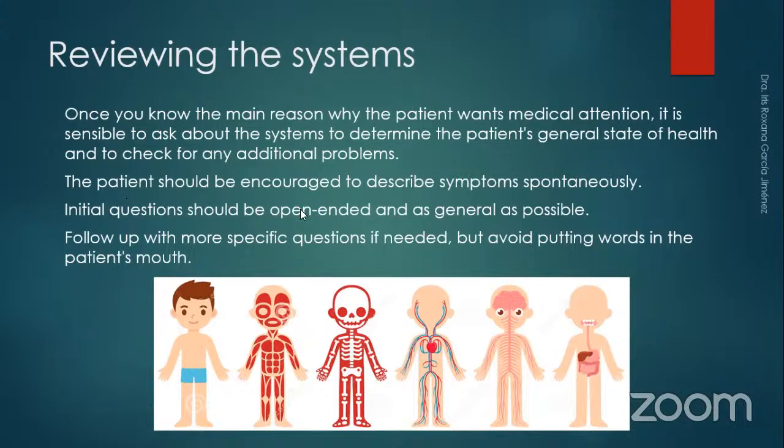Initial questions should be open-ended and as general as possible. Follow up with more specific questions if needed, but avoiding putting words in the patient's mouth. We don't have to direct the speech. We all know this, just as a reminder, and for considering that it's important to refresh these guidelines.